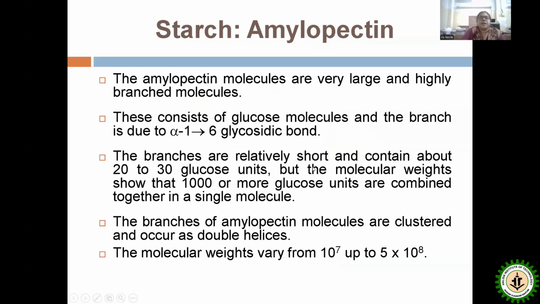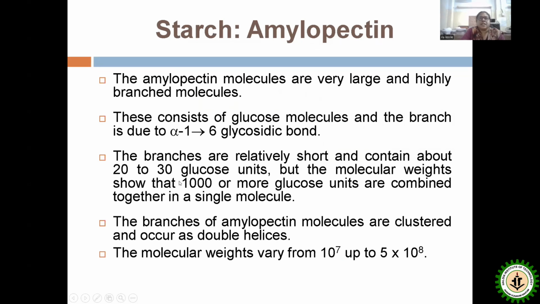Now, next comes the amylopectin molecule. The amylopectin molecules are very large and they are highly branched molecules as well. The amylopectin molecule consists of glucose molecules which are joined through alpha 1,4 glycosidic bond, and the branching is due to alpha 1,6 glycosidic bond.